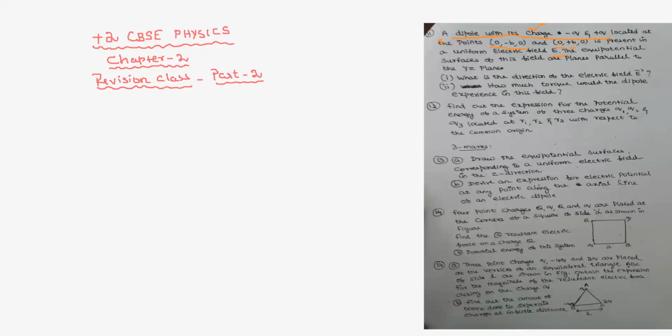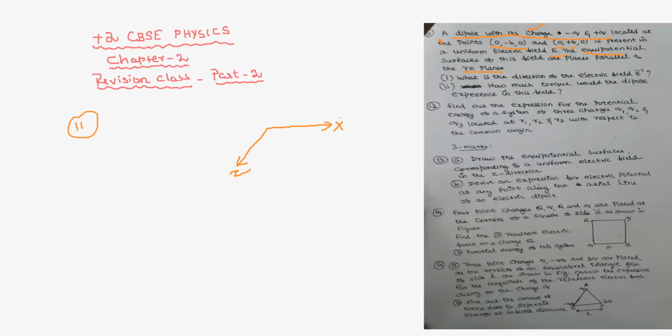So the equipotential surface of this electric field lies in YZ plane. So this is, for example, the YZ plane. This is the Y axis and this is the Z axis. This is question number 11.